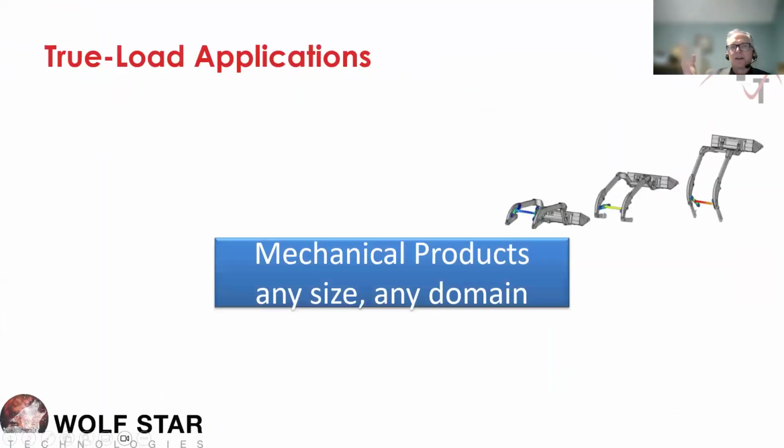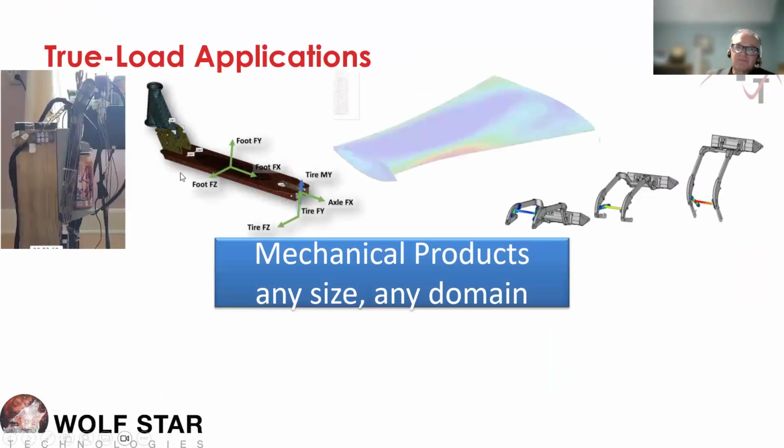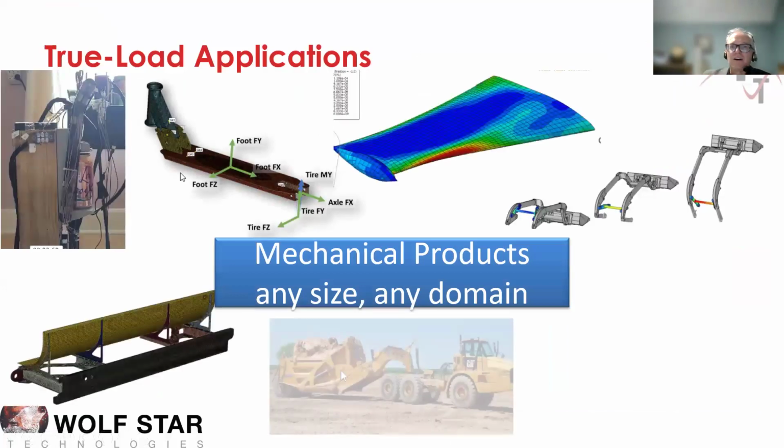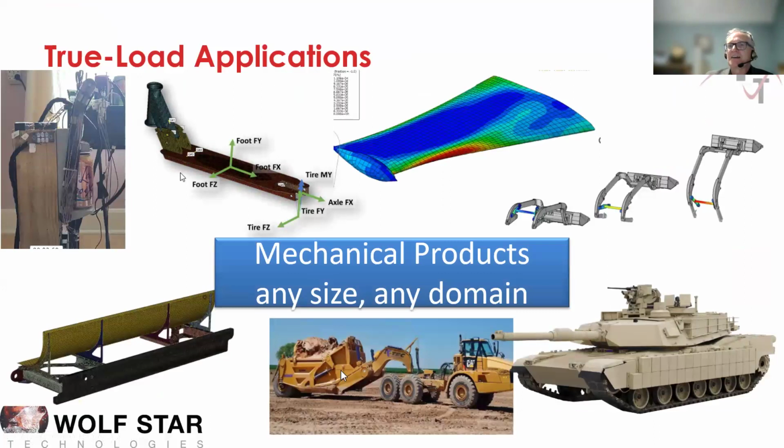All right. So basically the TrueLoad applications, we can work on mechanical products of any size in any domain. So if you've got parts that are experiencing strain, we can help you back calculate the loads. I've got on here a can crusher that I use for an example, a razor scooter, airplane wings, front end loaders, mine cars, and even tanks.